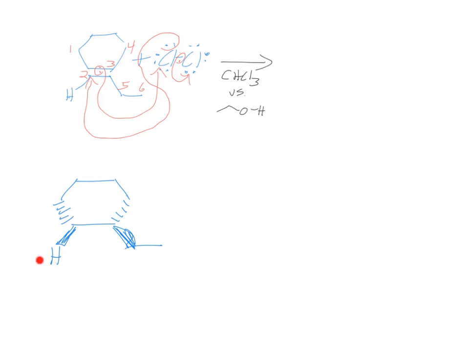They better be both wedged. These two carbons back here, 1 and 4, are also on the same side, so they have to be both hatched. So 1, 2, 3, 4, 5, 6.